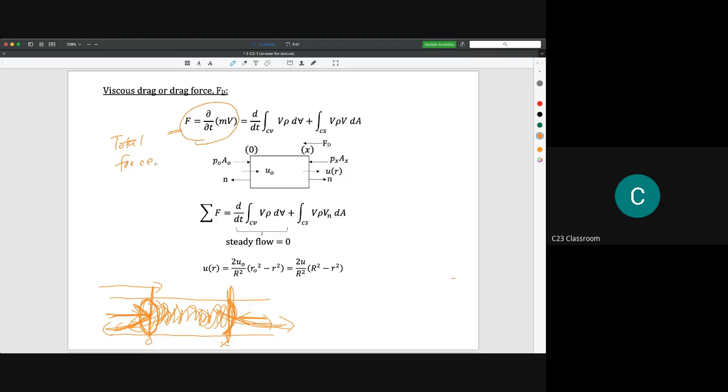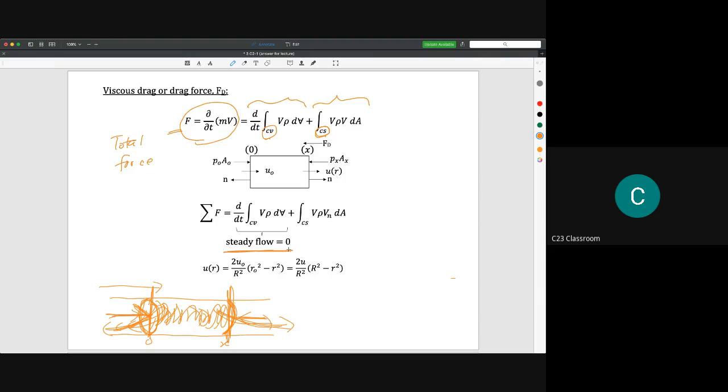This is the force that acts on the control volume, CV here is control volume, and this is the force that acts on the control surface. In this situation, we found that the term for the control volume is equal to 0.